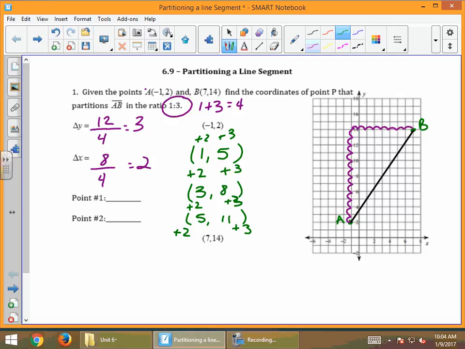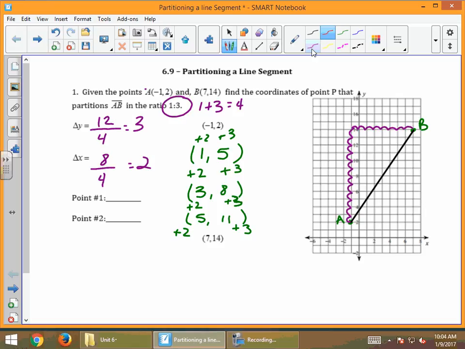Once that happens, this is where that ratio comes into play. Because we want to divvy up this line to have 1 part with 3 parts left over. Essentially what we did, we found points that will evenly divvy up this line into 4 total parts.